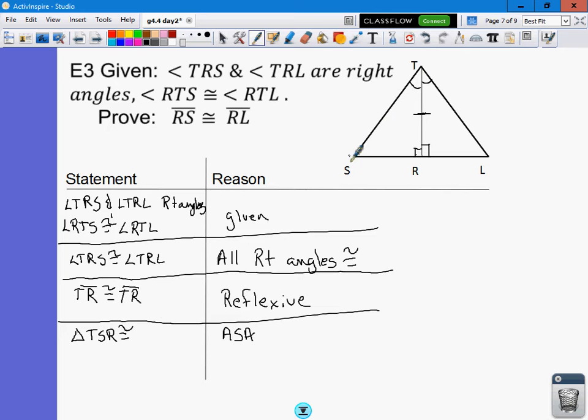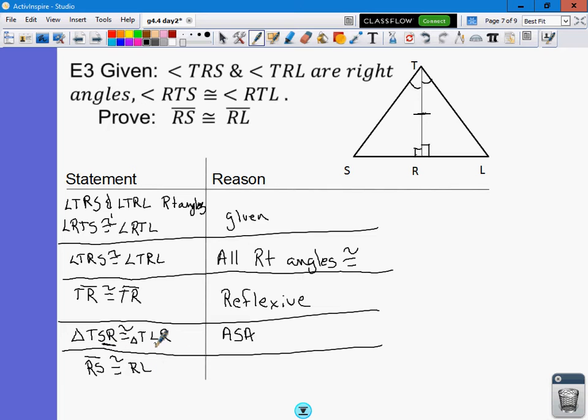If I go TSR, I've got to go TLR. What they asked me to prove was that RS was the same as RL.